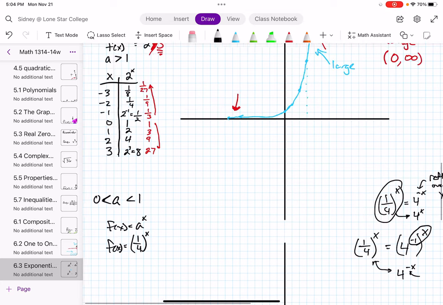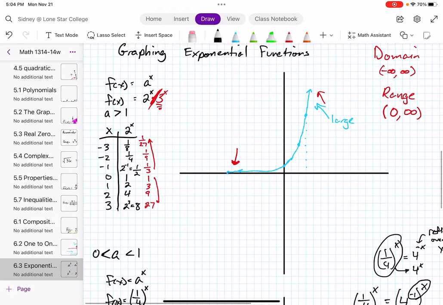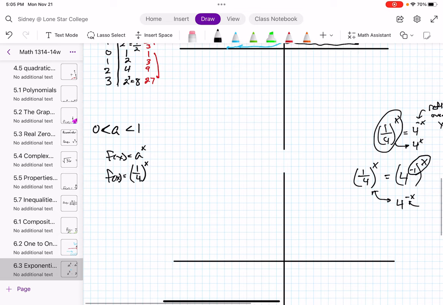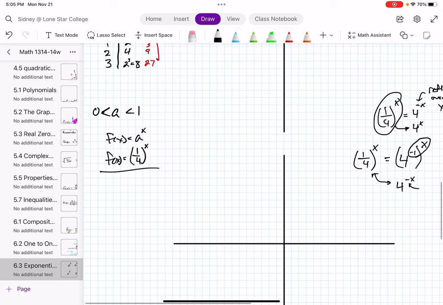And that tells us what shape it's going to take. If you can imagine this, 4 to the power of x would at least be similar to this one, and think about what a reflection over the y-axis would be. It would look something like this. And that is very precisely what this is going to look like. 1/4 to the power of x is going to take the general shape of that right there.